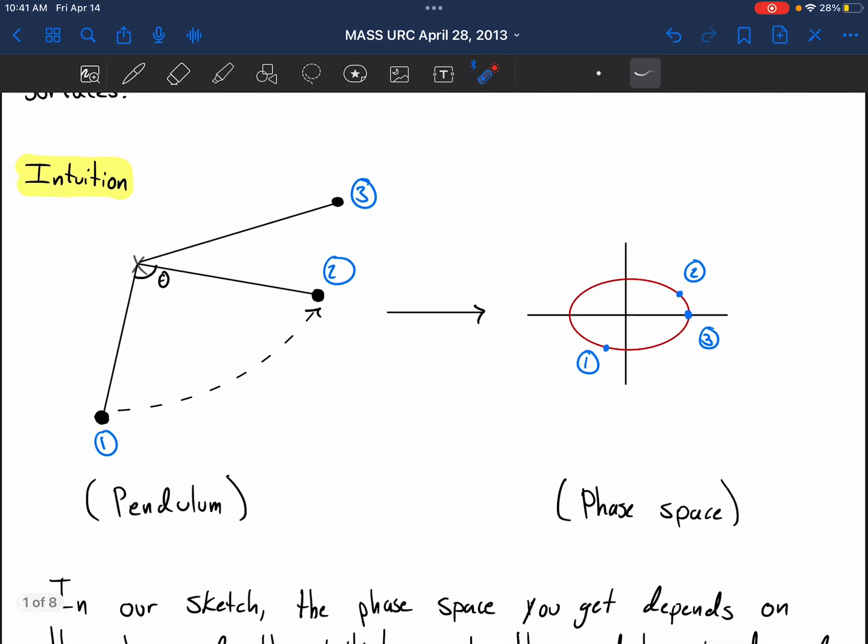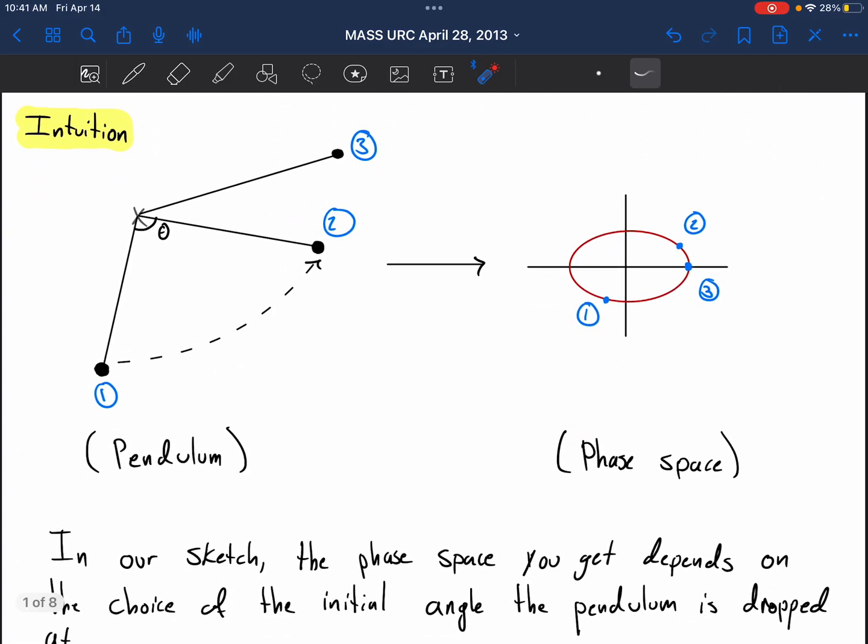So for my intuition, I drew an overly simplistic picture of a pendulum. My pen isn't working, but here's the momentum versus position space, and here's the actual physical state space.